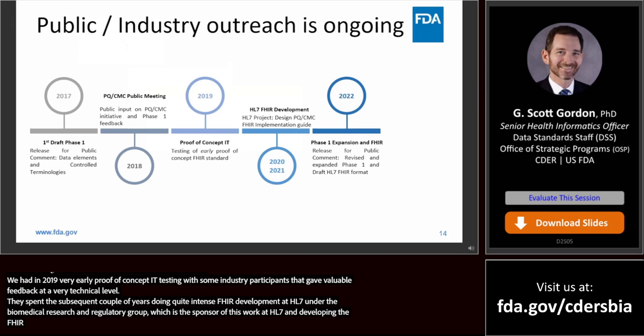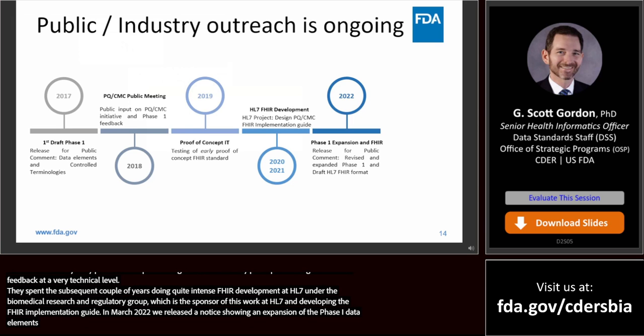In March of 2022, we released a new notice showing an expansion of the phase 1 data elements with lots of revisions based on feedback from everything previous on this timeline, as well as a representation in a more document form of proposed representation in HL7 FHIR. And this is something we expect to be continuing now and into the future.